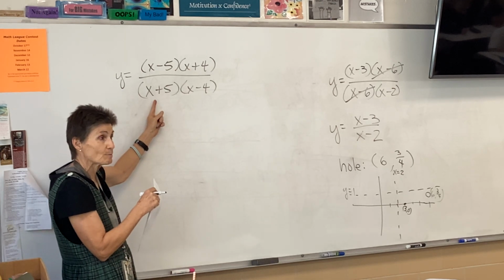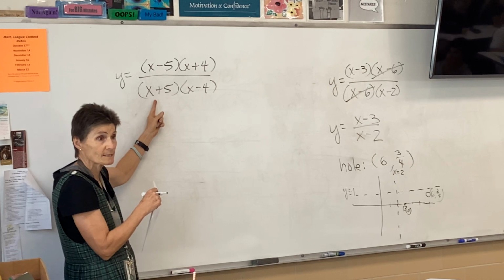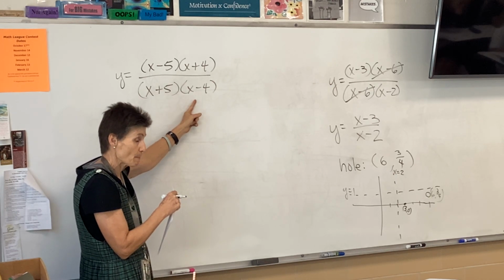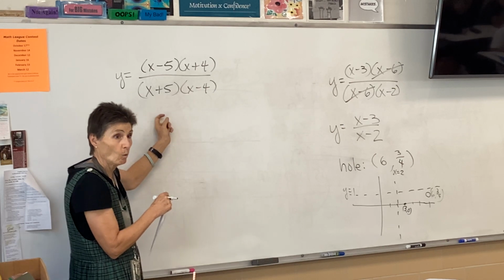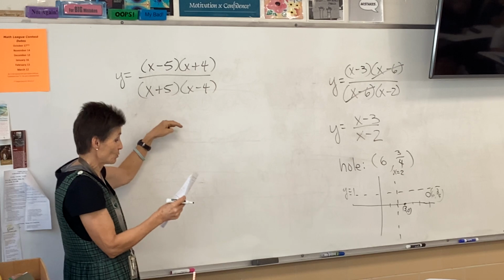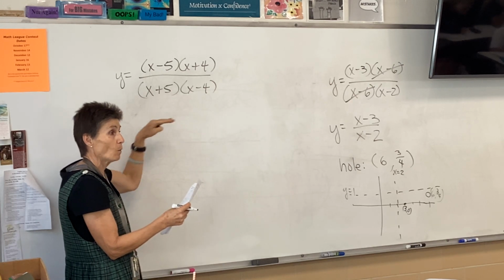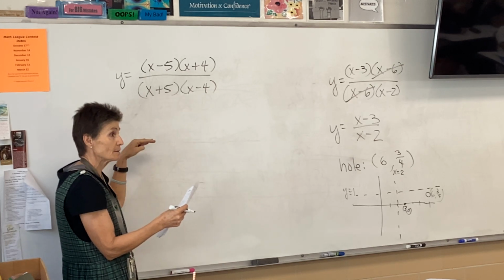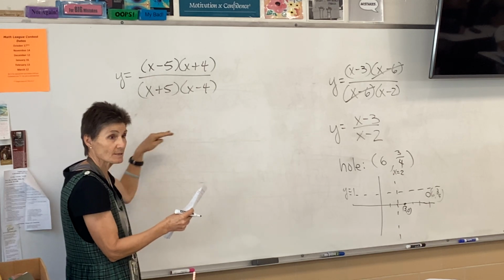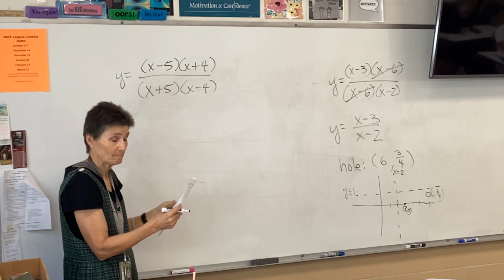Your vertical asymptotes are going to be x equals -5 and x equals 4, right? No holes. Our horizontal asymptote is where y equals x squared over x squared, y equals 1, right?